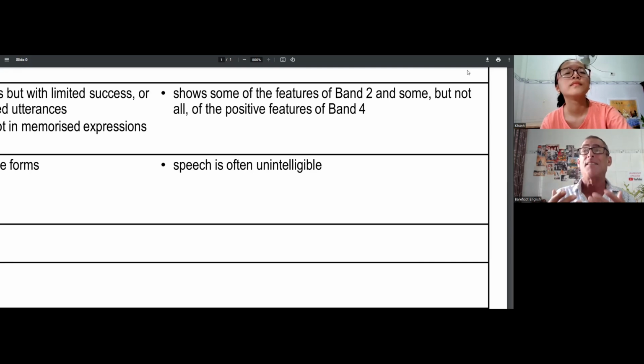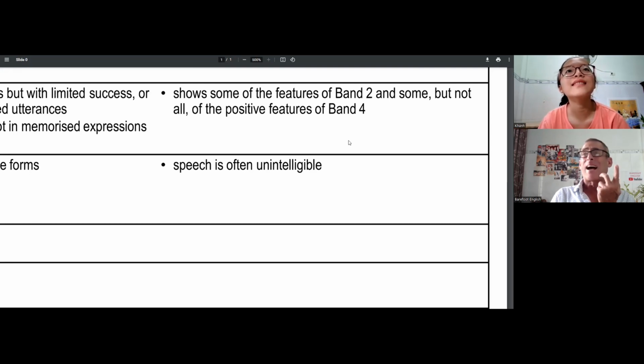Intelligible or unintelligible means if it's unintelligible, I can't understand it as the examiner. That means your pronunciation is so bad that I can't hear the words you're trying to say. So it means his or her pronunciation makes the examiner unable to understand what they are saying.